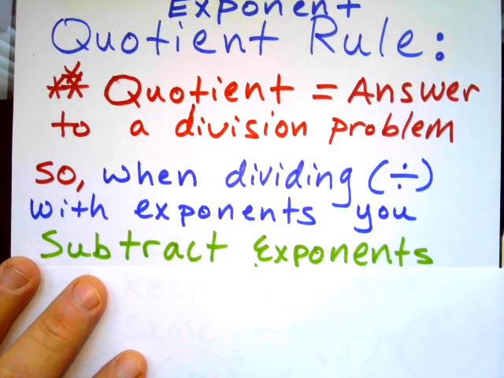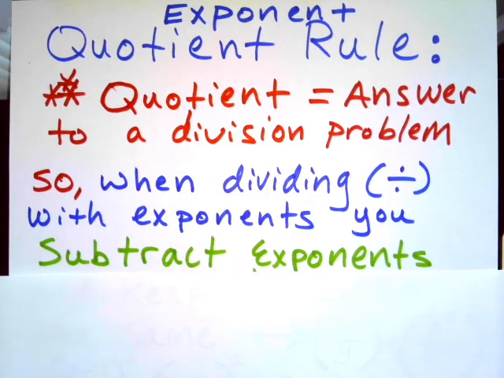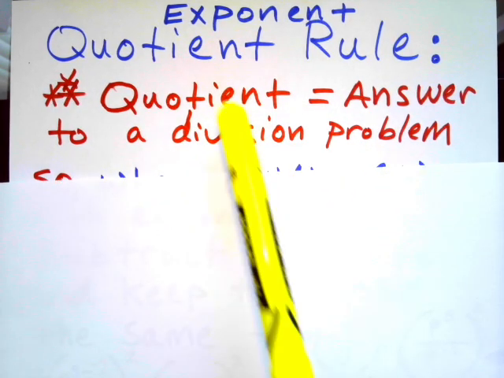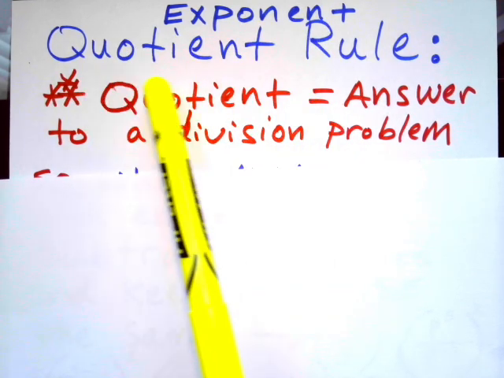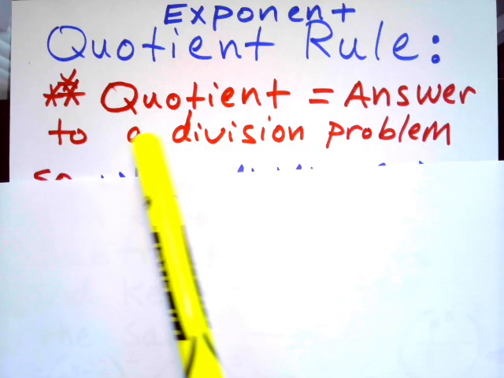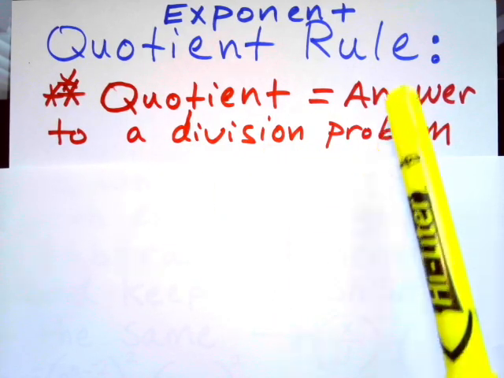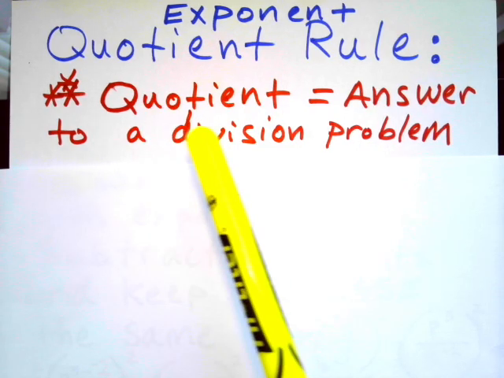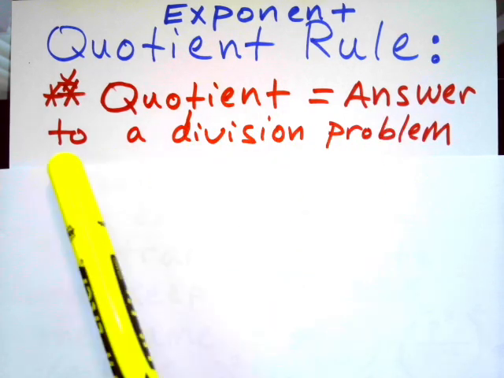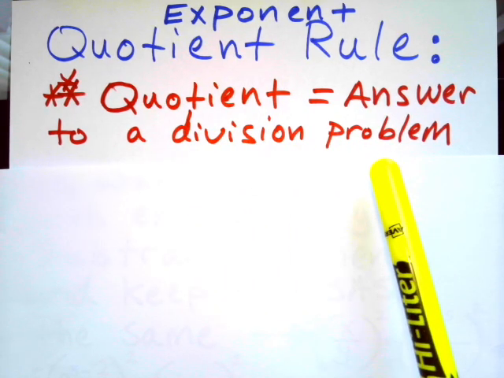Now, following the exponential quotient rule, right? We have an exponent, and quotient means the answer to a division problem, right? So we need to follow the rule for a quotient, which again is the answer to a division problem.